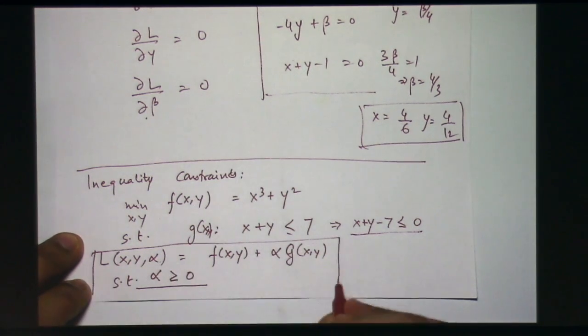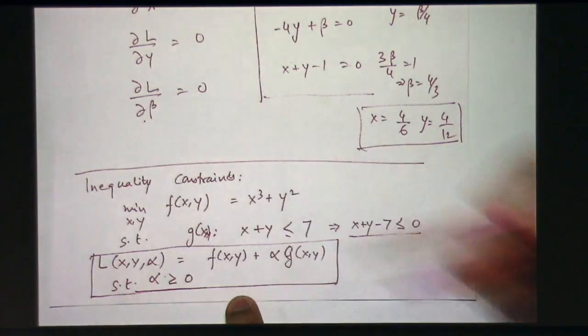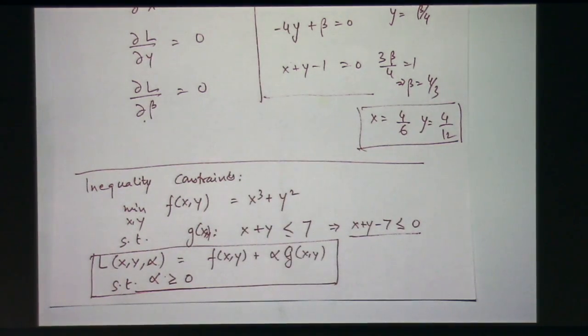So this is not as straightforward as the equality case. Here we're saying let's try to solve this subject to this, but this is an easier constraint because it is just that alpha needs to be positive. Those we can do by introducing things like logs. If I put log of alpha, then because log of anything below 0 is not defined, you can do those things.